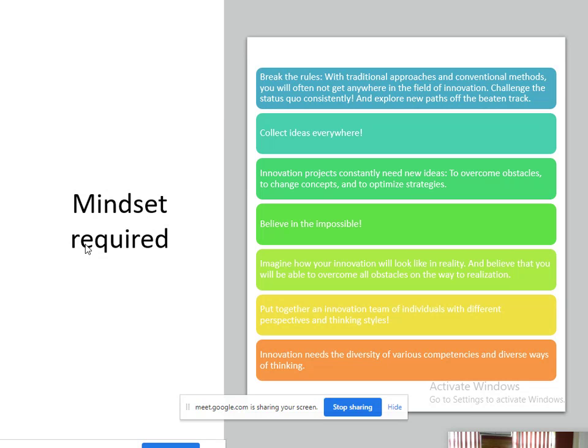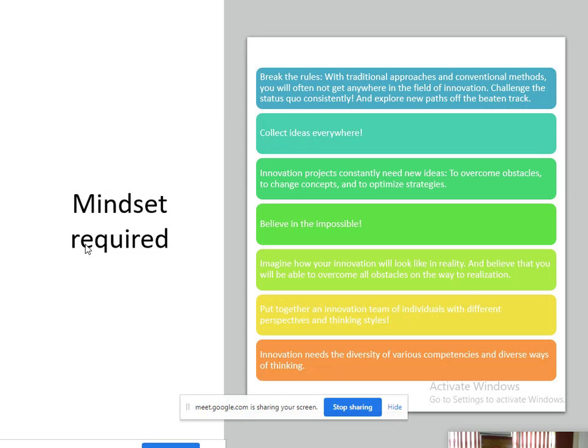Okay, and next is believe in the impossible. That means we should not think that we cannot do these things, or that it won't be feasible. We should not think in that way. So believe in the impossible. Then next is imagine how your innovation will look in reality.